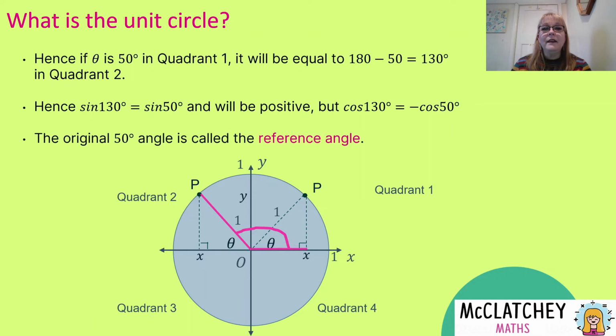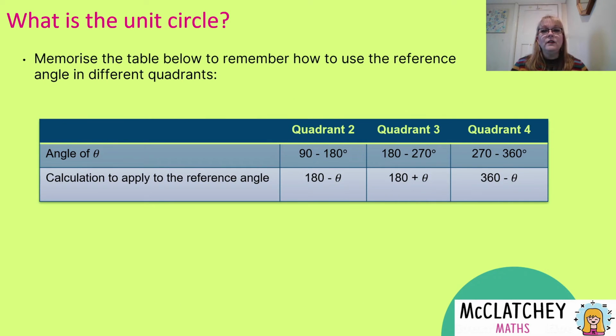But what about the third and fourth quadrants, you might be asking? And obviously I've just jumped ahead. You can see that the 50-degree angle originally in quadrant 1, we call that our reference angle because we use that reference angle to calculate the value of the other angles throughout the other quadrants. So let's have a look at what's happening in each of the quadrants.